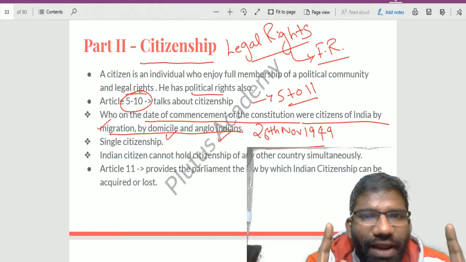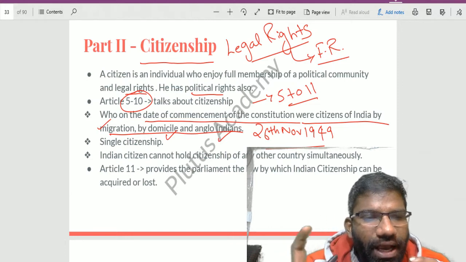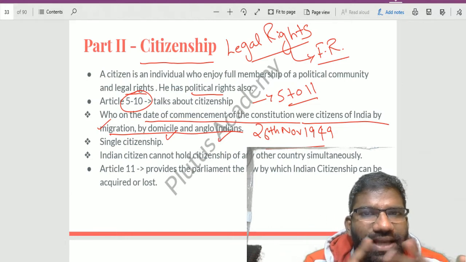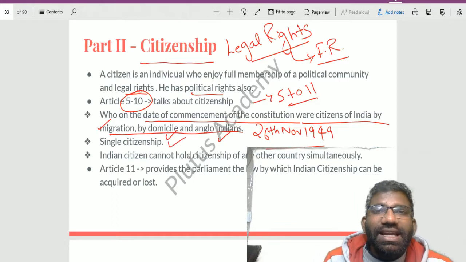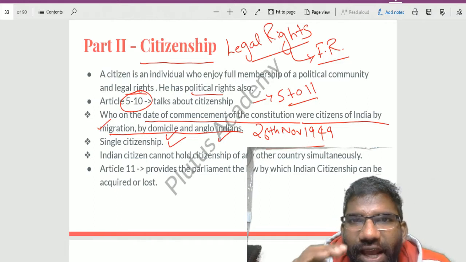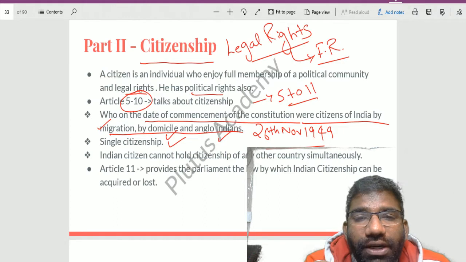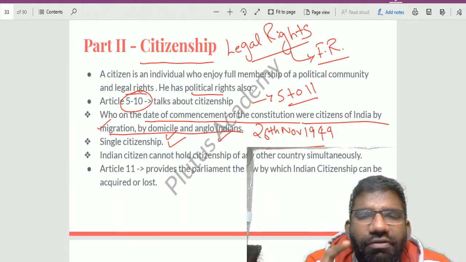So, Articles 5 to 10 talk about who, on the date of commencement of the constitution, were citizens of India by migration, by domicile and Anglo-Indians. And it also says that India provides for a single citizenship. Single citizenship means an Indian citizen cannot be a citizen of a foreign country.